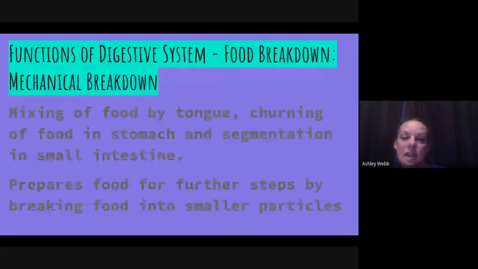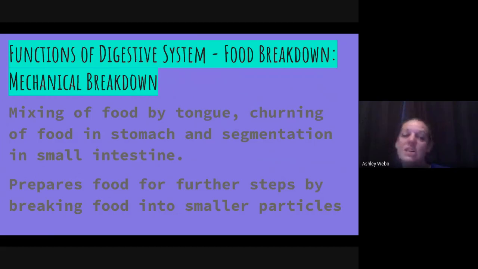The next stage of digestion is the actual breakdown of food, and it starts with the mechanical breakdown. That's the mixing of food by our tongue, the churning of food in our stomach, and also how it segments in the small intestine.